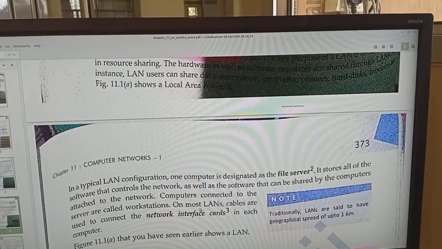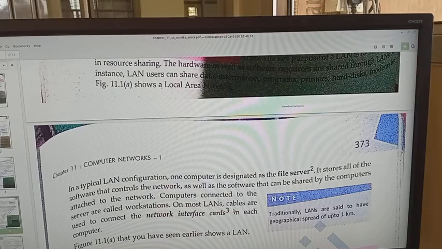An important point extra in the Sumita Arora is that on most LANs, cables are used to connect the network interface card in each computer. In each computer there is a card. In yesterday's class we studied that the network interface unit is there. On that network interface card there is a port, RJ45. Through that port only we connect the cables in order to make LANs.